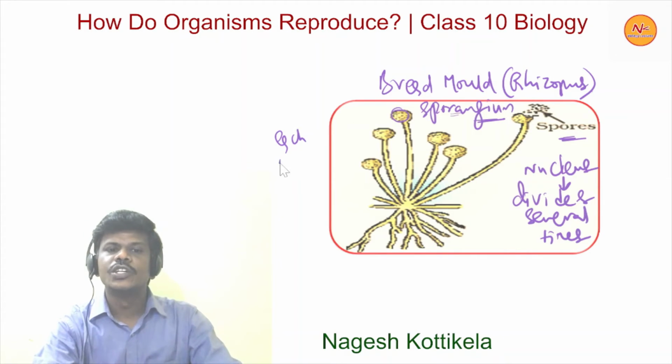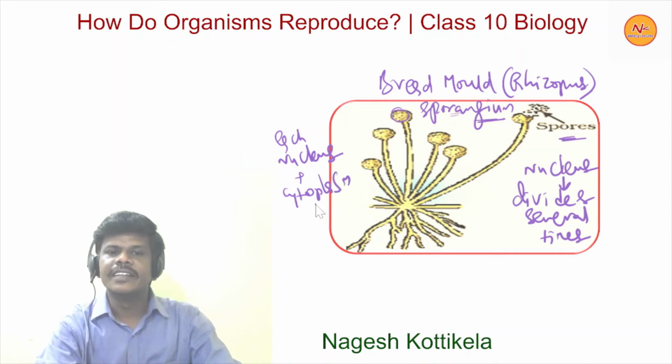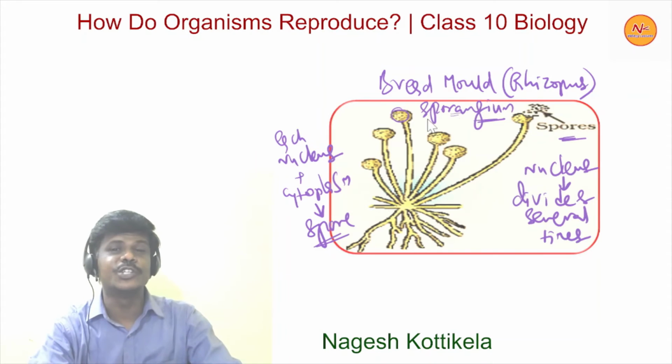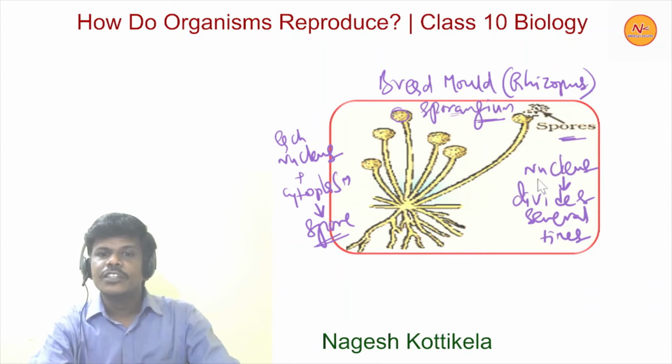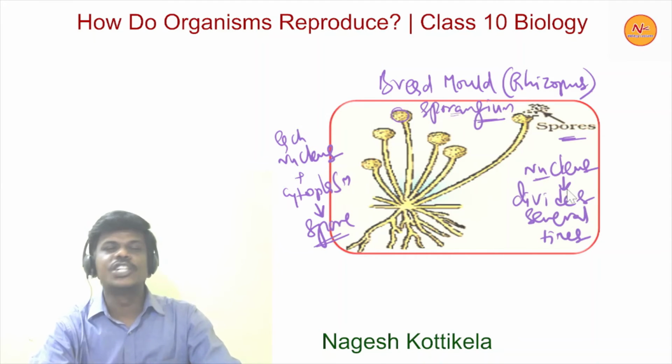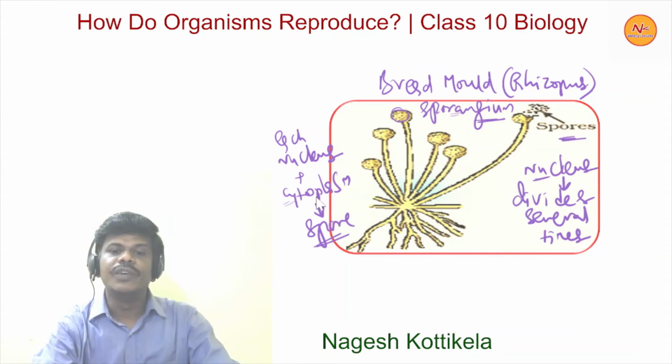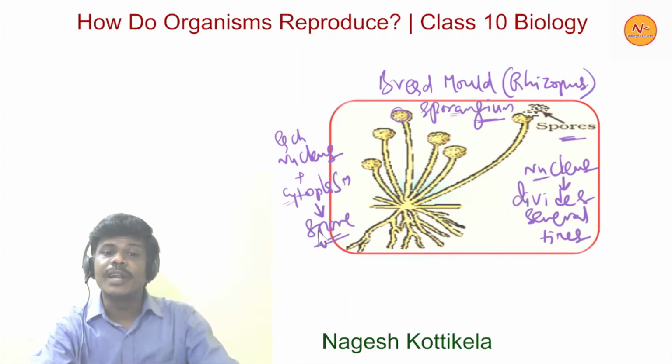This is how spores are formed inside the sporangium. I repeat: within the sporangium, the nucleus divides several times, and around each newly formed nucleus a bit of cytoplasm accumulates, and then it develops into a spore.